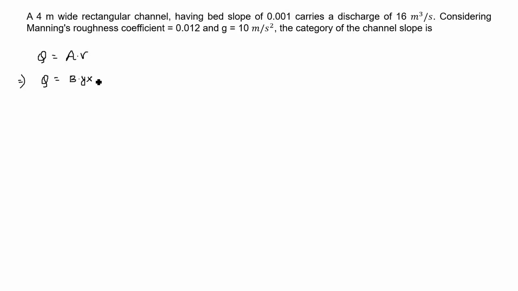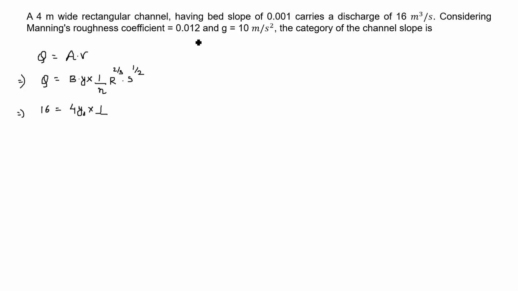Velocity can be written in Manning equation as 1 by n into R to the power 2 by 3 into S to the power 1 by 2, where Q is discharge, which is given as 16 meter cube per second, B is the width, which is given as 4 meter, and Y we need to find. So Y naught, the normal depth, we need to find, into 1 by n.